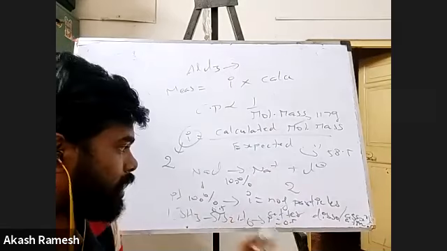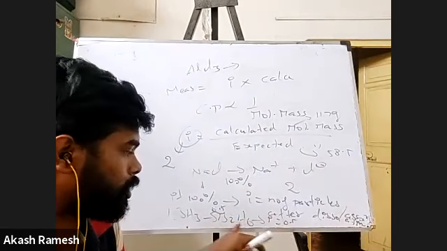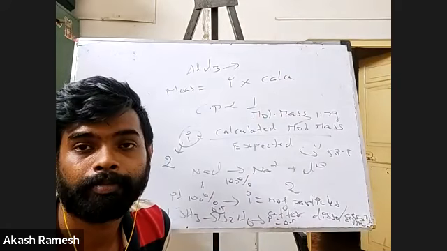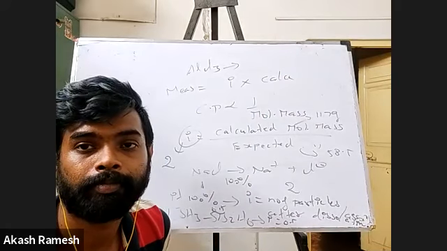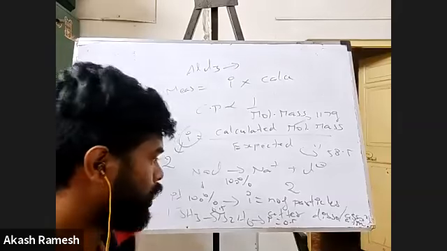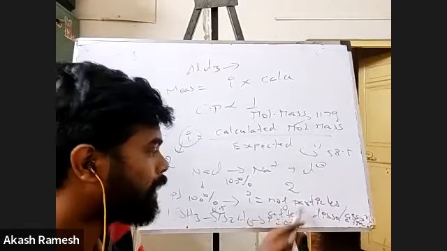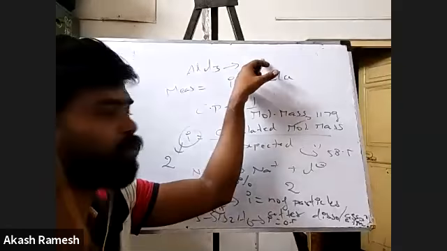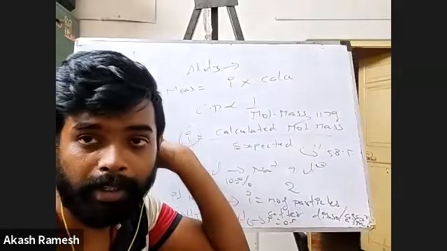Looking at all this, I told you here it is 2, here it is 0.5, there it will be how much? What did I tell you? I is equal to the number of particles after dissociation. So what are the ions formed here?